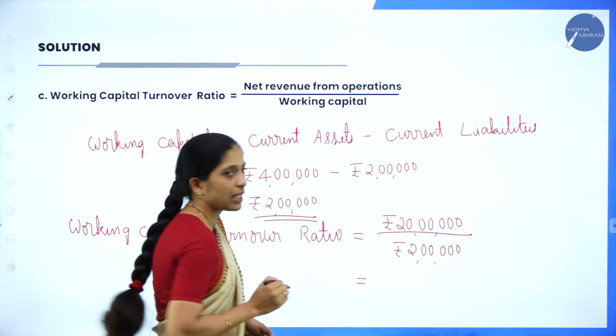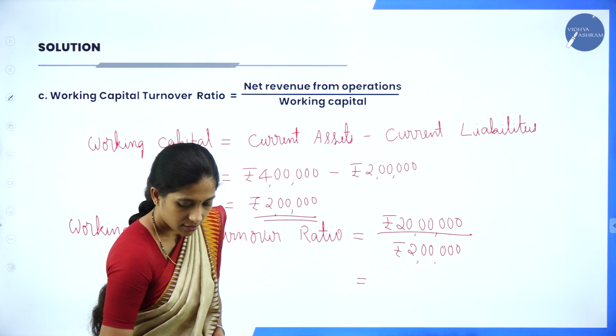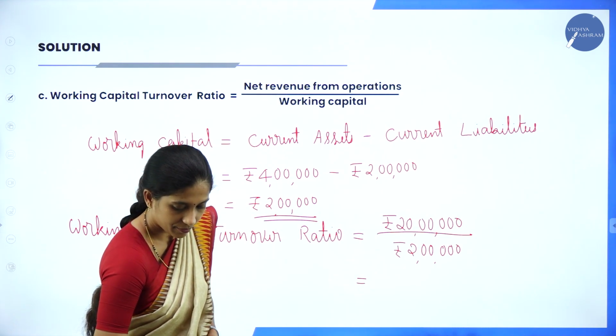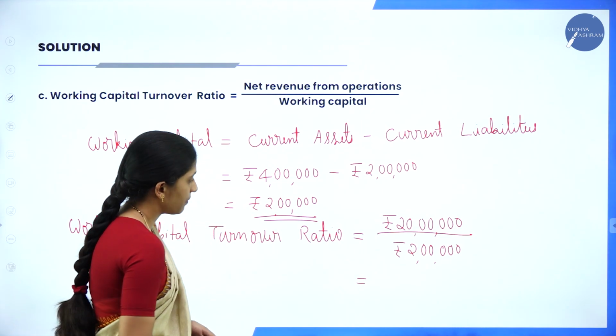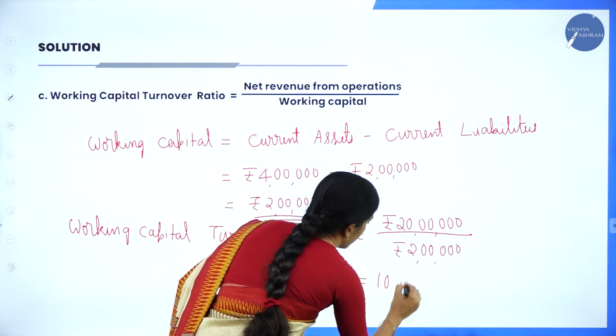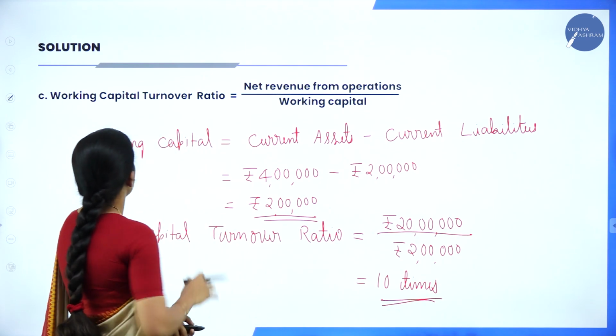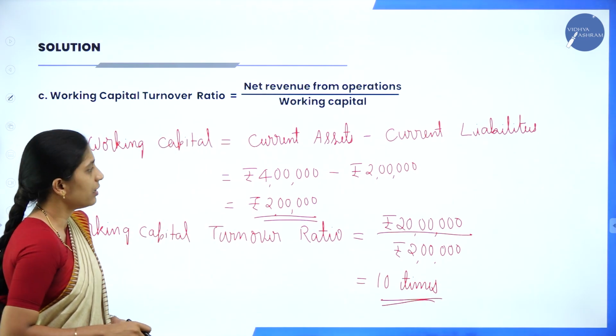So 20 lakh divided by 2 lakh will be 10 times. So this is your working capital turnover ratio.